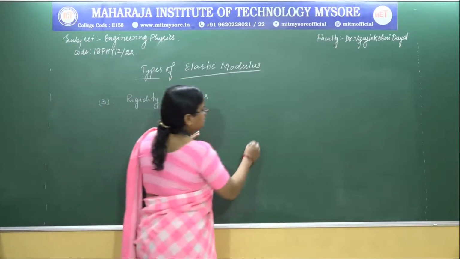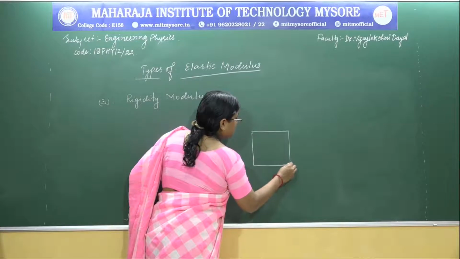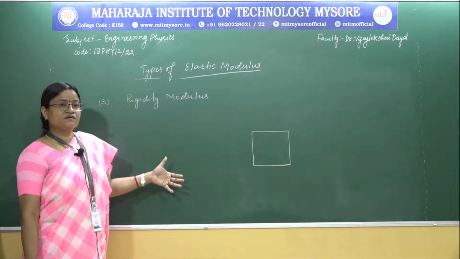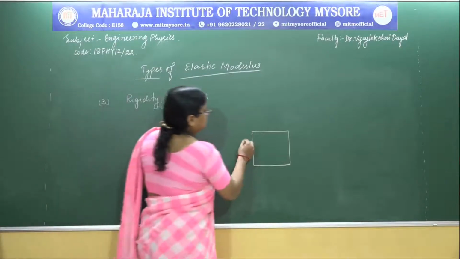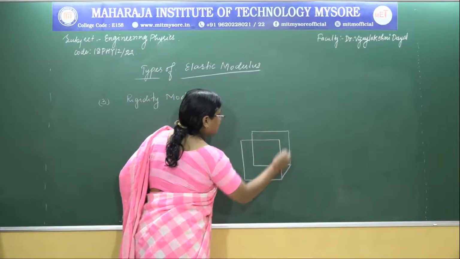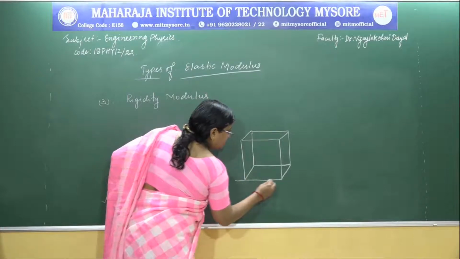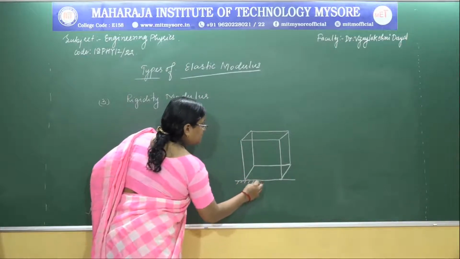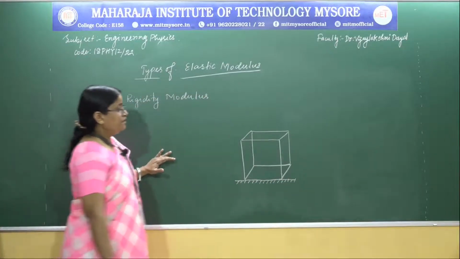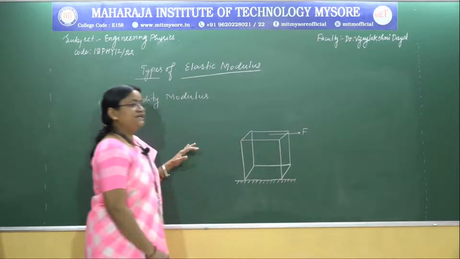For this case, we consider a body, it can be a cube, it can be any volumetric structure, but we have taken it as a cubical body, where the bottom surface is fixed with a rigid support, and on the upper face the force is applied tangentially.